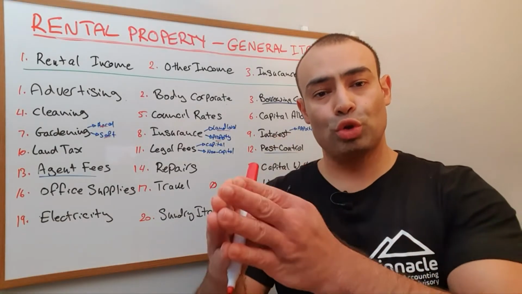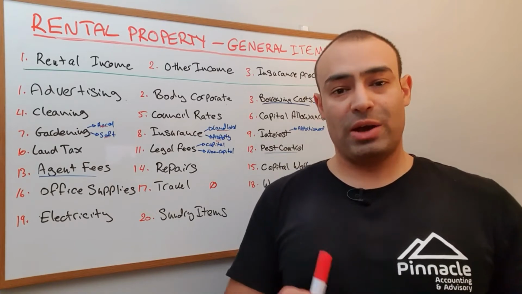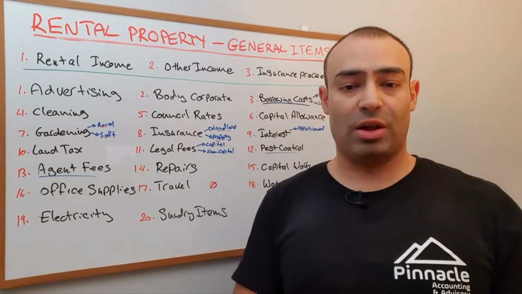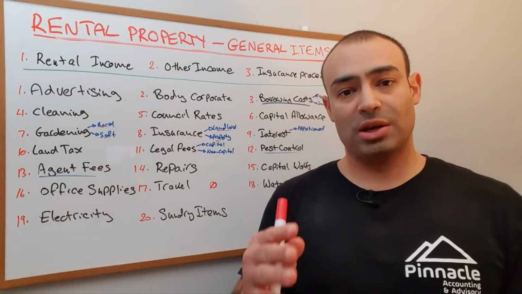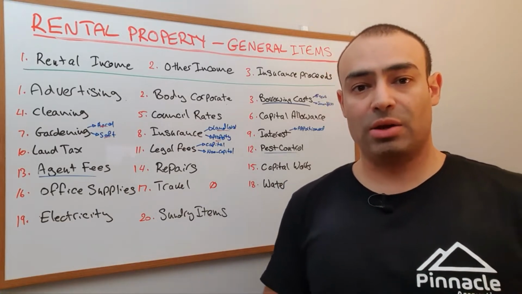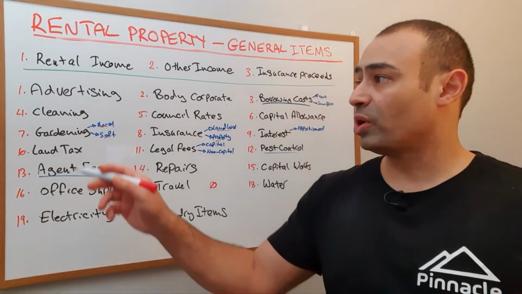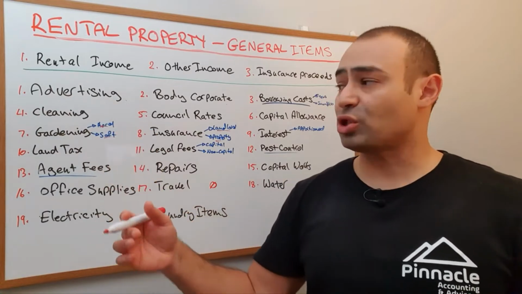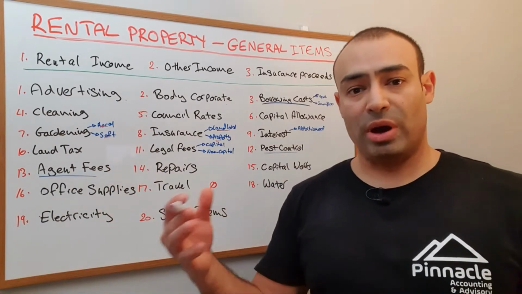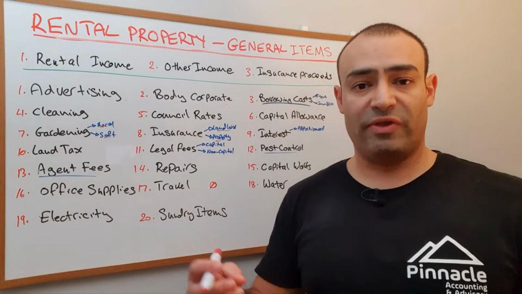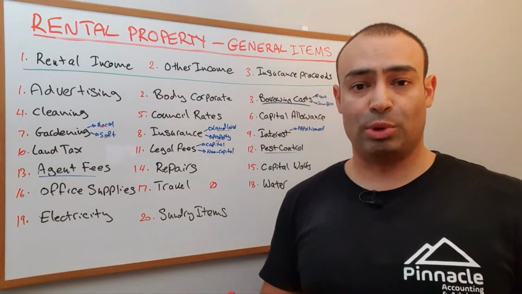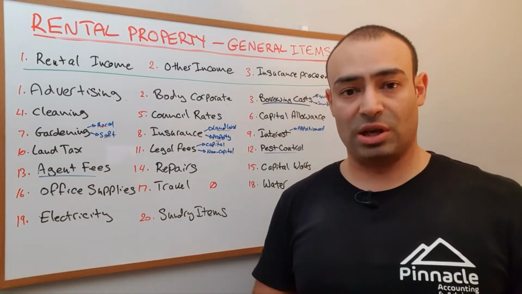We're now moving on to the expense items, and we'll put in a little bit of detail where it's required. Otherwise, we'll again go through these fairly quickly. So advertising, fairly straightforward, being number one. You're advertising for the tenant to live in the property, and that's immediately deductible in the year in which it's incurred.